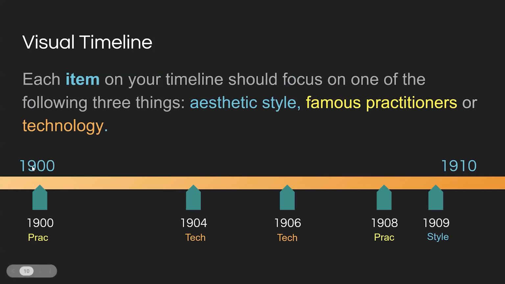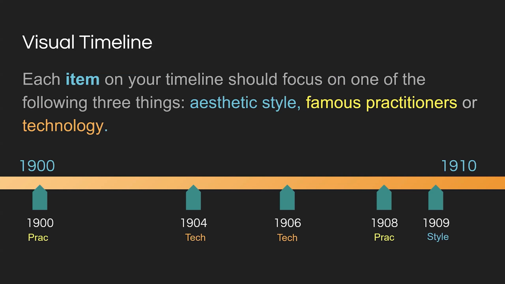So what Finn has chosen is a practitioner, probably an animator, that maybe released a film in this year here, then decided to talk about a technology, animation-related technology in 1904, maybe also 1906, another practitioner in 1908, and then a style of animation in 1909.